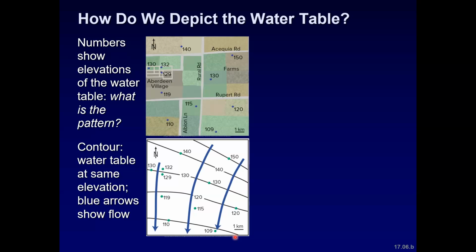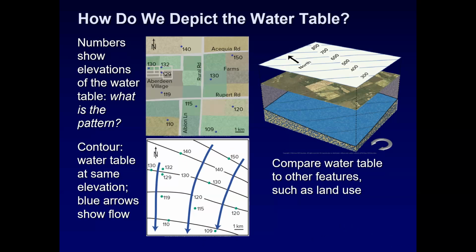So this water table has lines of equal groundwater elevation. We see blue arrows showing the flow, which is, say, down slope, down gradient, and groundwater is flowing to the south, roughly here.